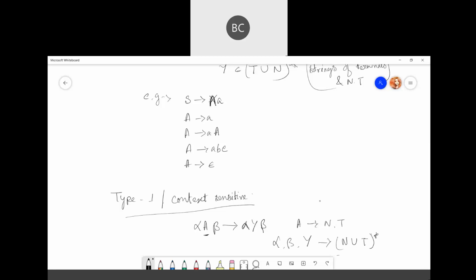Okay, this symbol means it can be a string of non-terminals and terminals.